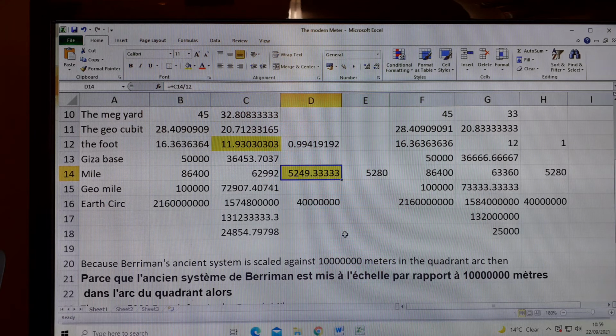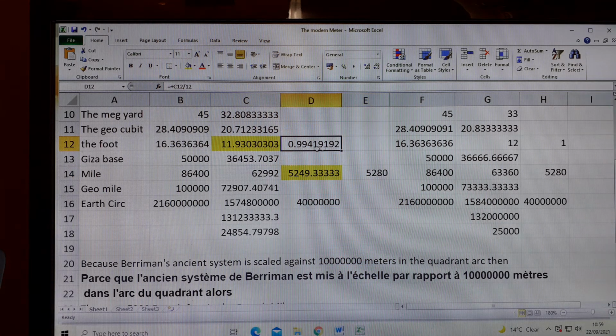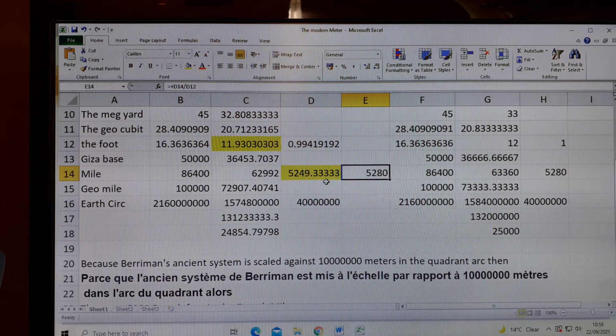There's the French mile. It's 16992 inches. There's the French foot in inches. If we divide that into that, we get that, 5280. That's the French foot in imperial feet. That's the scaling factor. If we divide that into that, we get 5280.